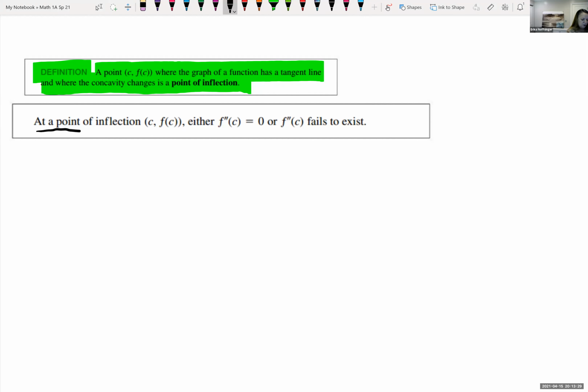It says at a point of inflection, this point c, f of c, either the double derivative at c is equal to 0, or the double derivative at c fails to exist. So it's undefined, but again, it has a tangent line, so in order to be a point it has to be defined for our original function.